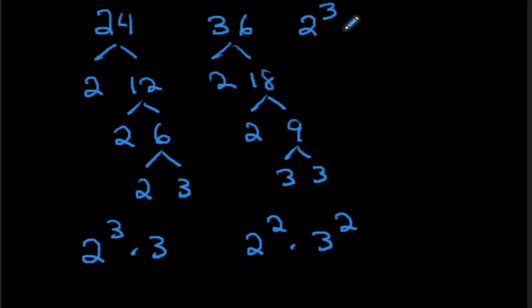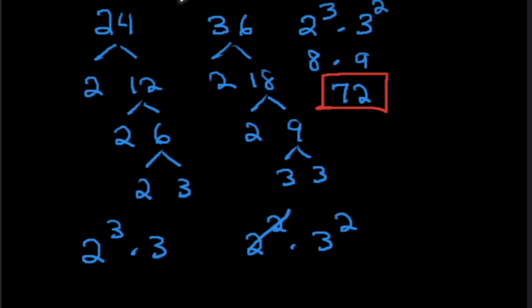So 2 cubed times, and then if we look at 3 squared and 3 to the first power, well, 3 squared is larger than 3 to the first power. So what we're going to do is multiply these together. So we're multiplying 2 three times, so that's 8, times 3 times 3 is 9. So that's 72. So that means the LCM for both 24 and 36 is 72.